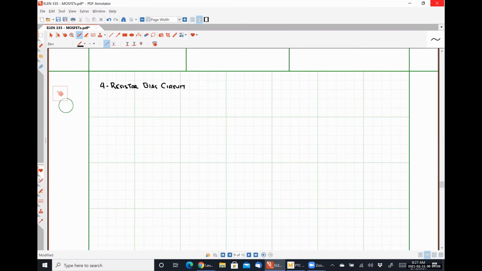So our 4 resistor bias circuit looks something like this. And some of these resistances might be 0. I guess technically one of them can be an open circuit as well.